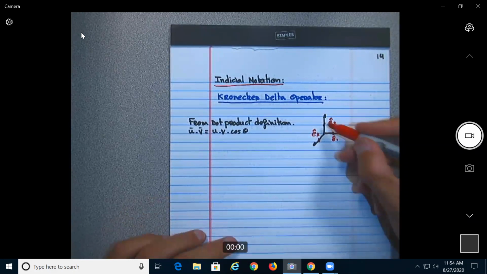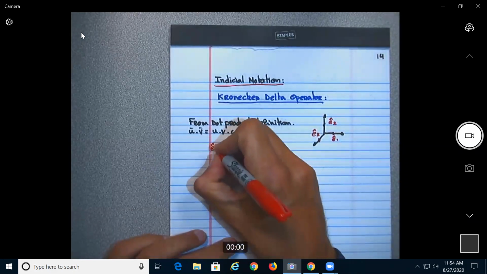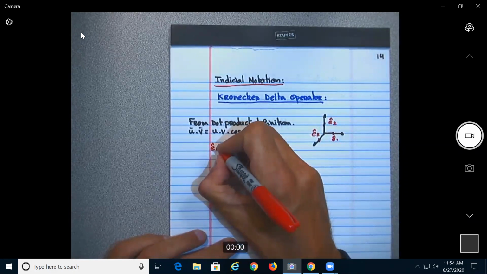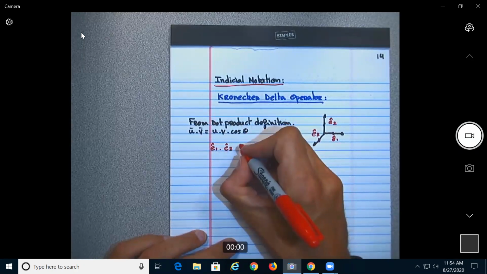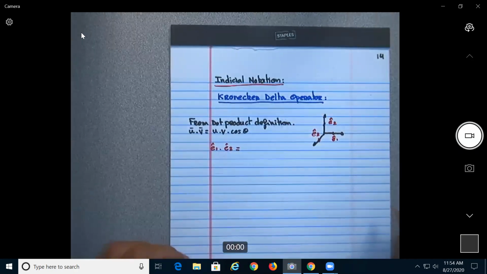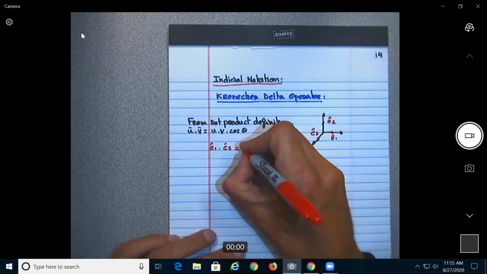So you know this one will be a Cartesian system, so they are perpendicular. So if you do, let's say, E1 dot E2, what would that give you? The angle is 90, no? So this will give you 0.